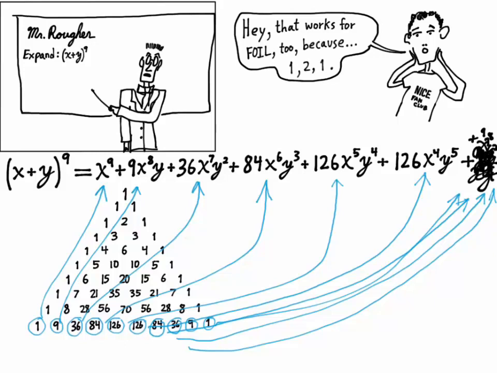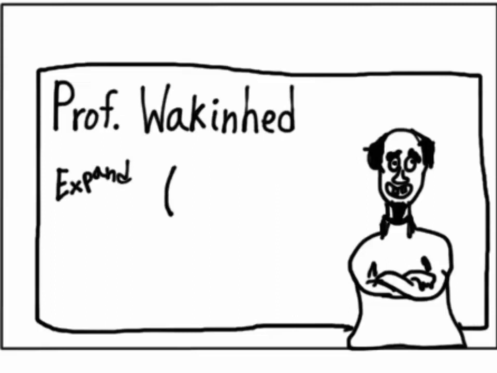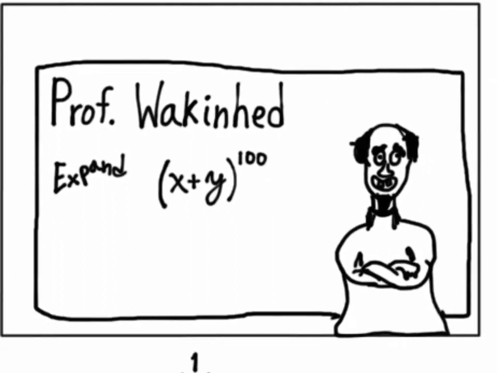And after you got good at using Pascal's triangle, you probably felt like you were really an expert at expanding binomials. You may have felt that way until you reached another class at a higher level where you were asked a more difficult problem. This time you were asked to expand the binomial (x + y)^100.